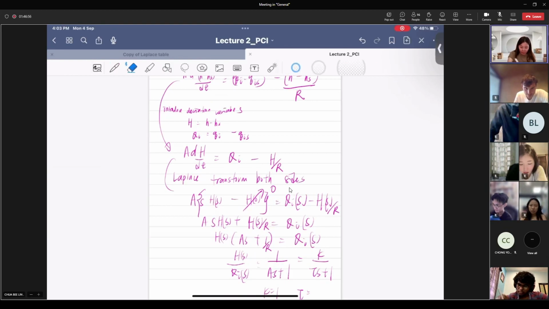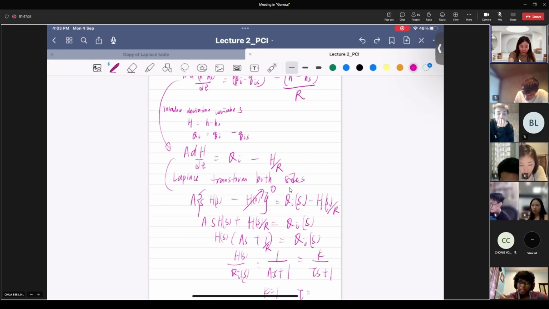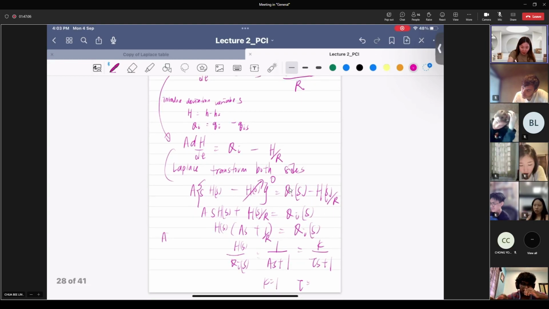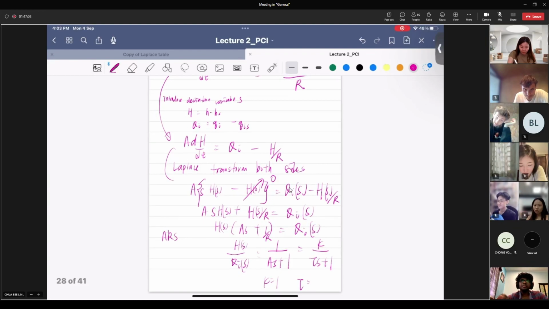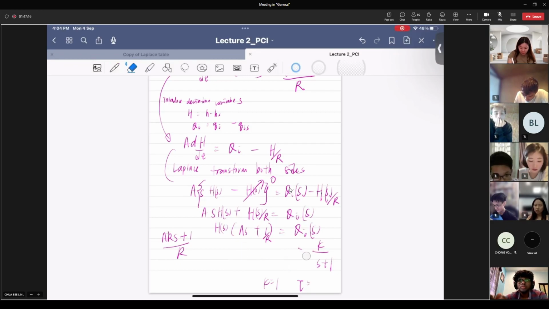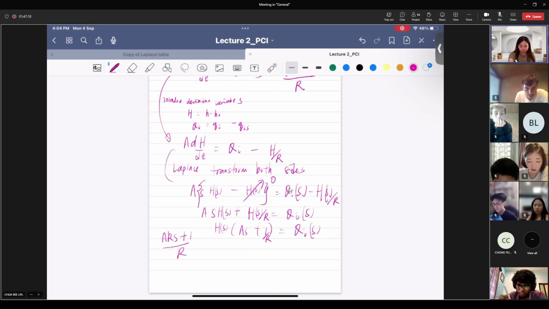Okay, then you will be using your maths. How to solve this? Then this one will be like (A R S plus 1) over the R. Correct? So I will just erase first, a mistake.